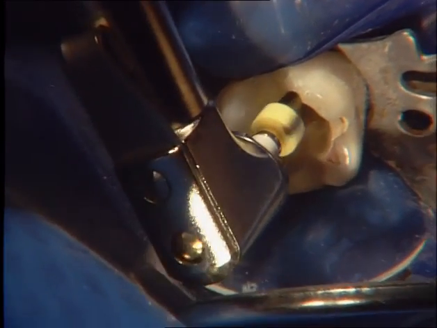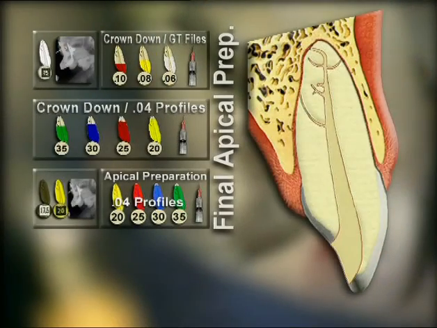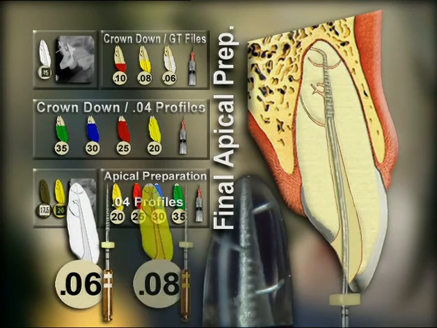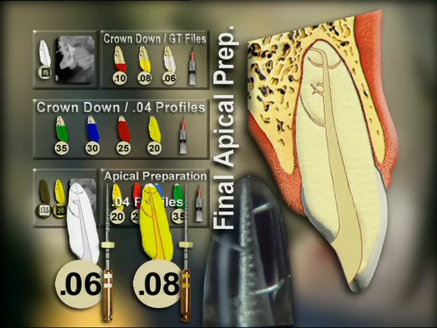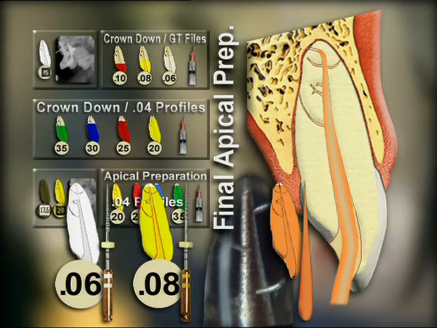In our patient, taper files of 0.06 are worked to the canal terminus, while the taper file of 0.08 is stepped back for about 1 millimeter. Now the canal has assumed the shape, and a gutta percha cone can be fitted.